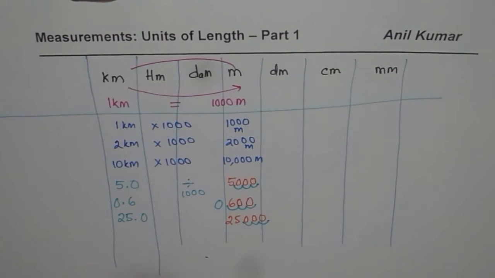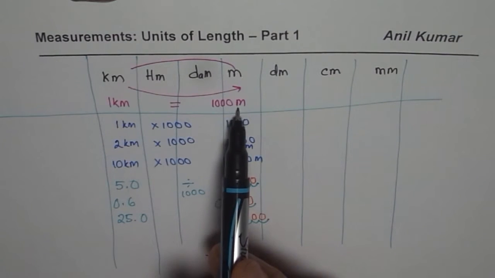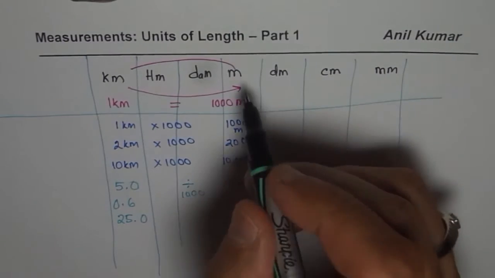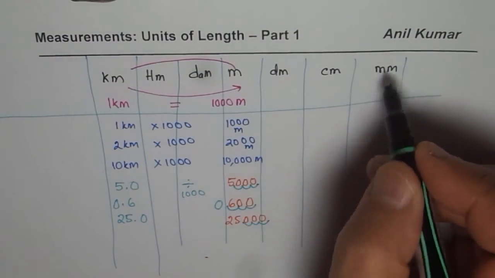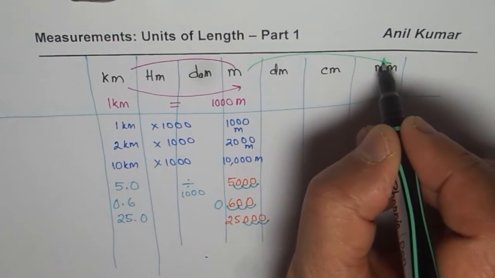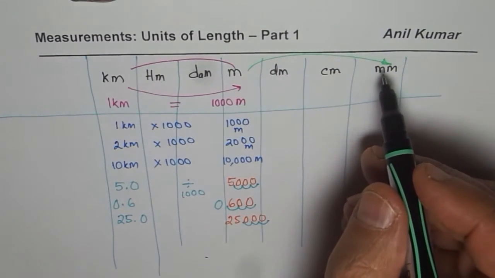So when you go from meters to kilometers, you divide. But when you go from kilometers to meters, you have to multiply, right? So that is how it is. Now, following the same principle, we can also go from meters to centimeters or millimeters. If I am given meters and I want to write how many millimeters there are, what should I do?